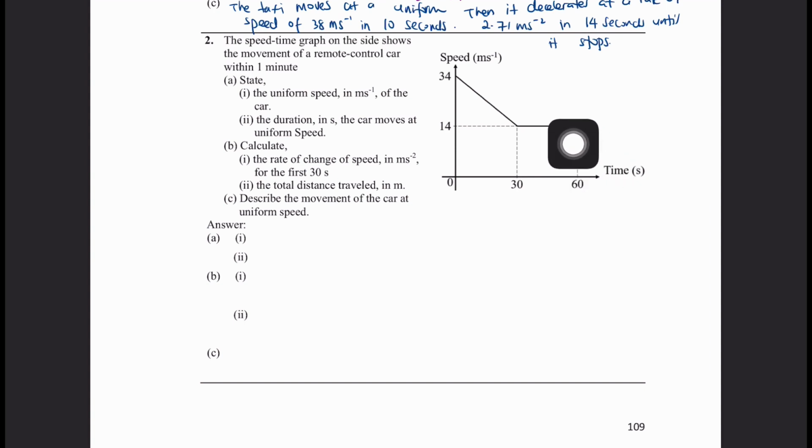Okay, uniform speed, this one ni uniform kan? So uniform speed is 14 meter per second. Okay, next. Okay, duration in second, the car moves at uniform speed. Ni kan, uniform speed duration is 60 minus 30. So is equals to 30 second.